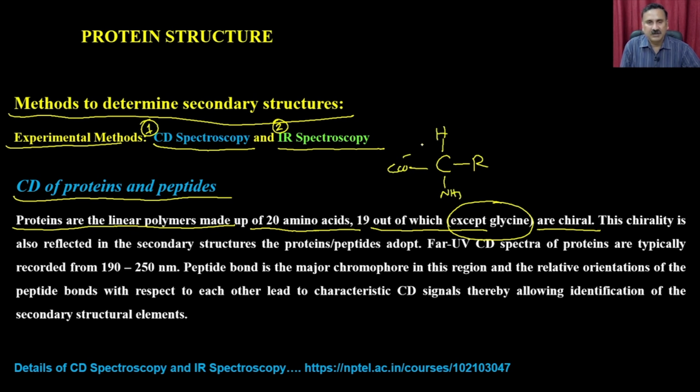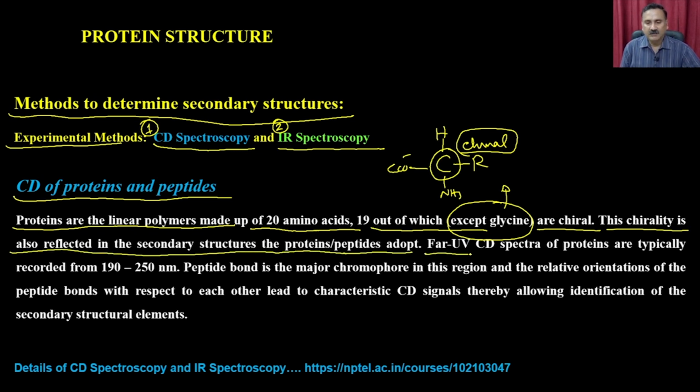All these groups are different, and that's why this carbon is a chiral carbon. That's why it can interact with circularly polarized light, and that's how they are sensitive to CD spectroscopy, except glycine. This chirality is also reflected in the secondary structure of the polypeptide chain.